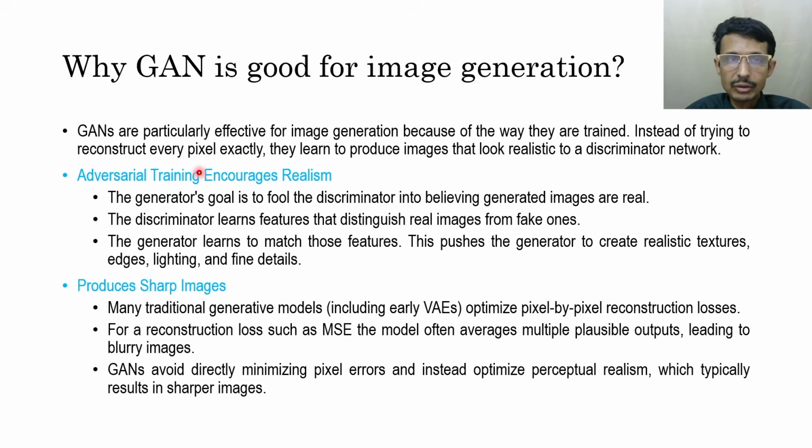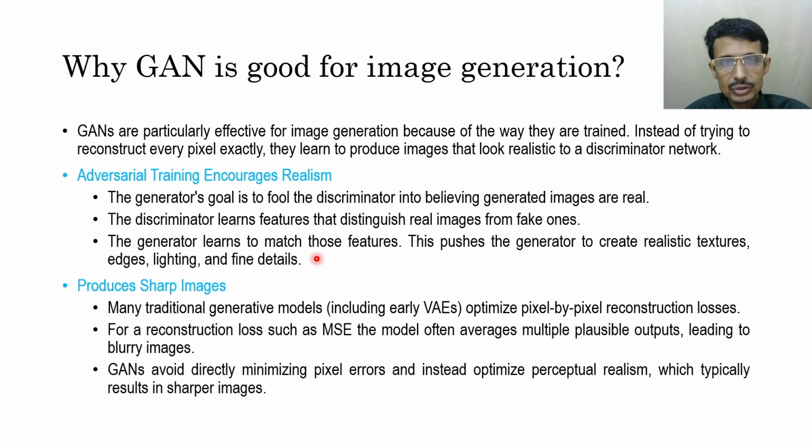Instead of trying to reconstruct every pixel exactly, they learn to produce an image that looks realistic to a discriminator network. In this adversarial training, the generator's goal is to fool the discriminator into believing generated images are real, and the discriminator learns features that distinguish real images. So this is a kind of competition between them.